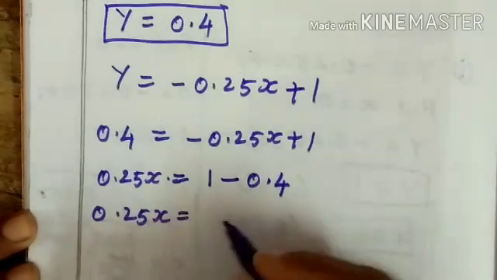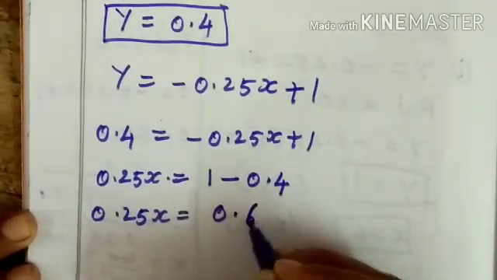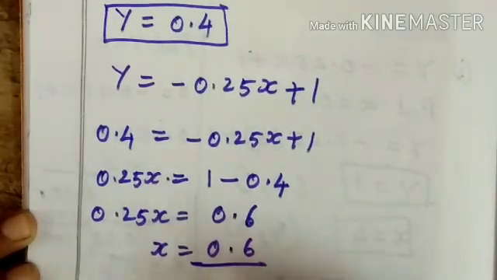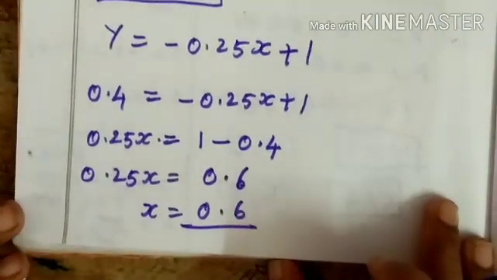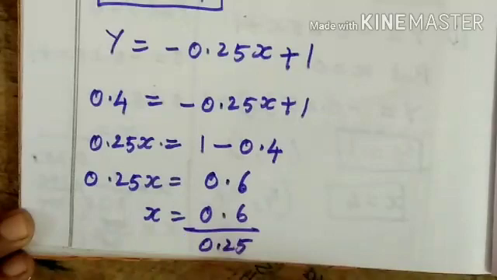0.25x is equal to 1 minus 0.4, which is 0.6. Therefore, x is equal to 0.6 by 0.25.